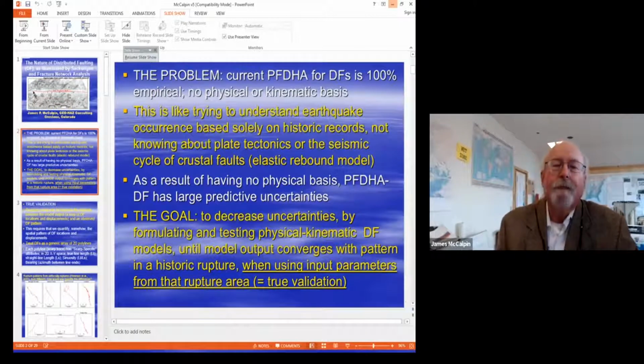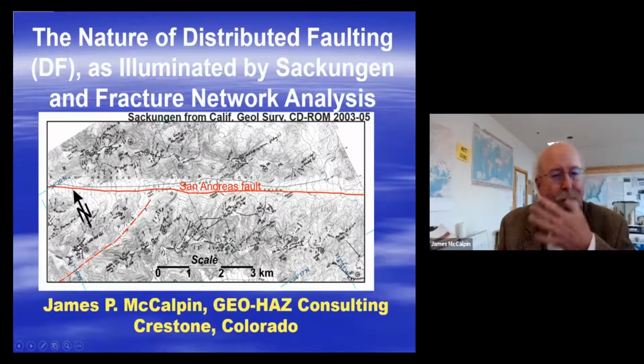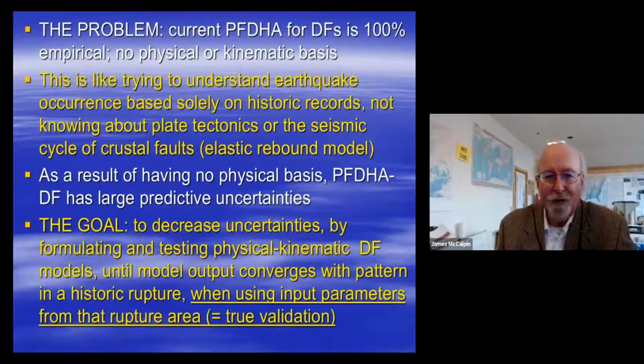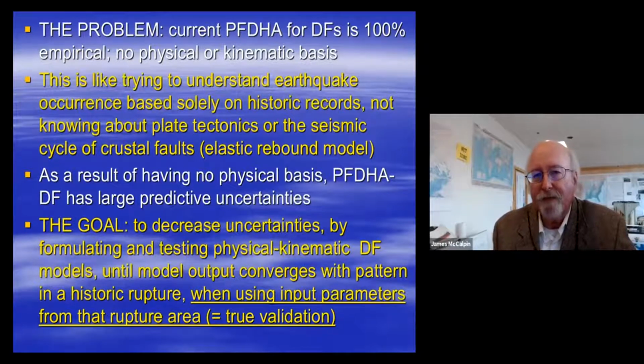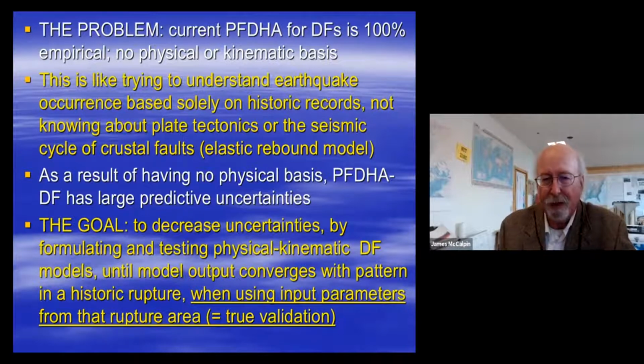There we go. This is the problem I ended up trying to solve, but it wasn't the problem that I started with. You know that in current probabilistic fault displacement hazard analysis, it's 100% empirical. It really doesn't have a physical or kinematic basis. It's just based on observed data.